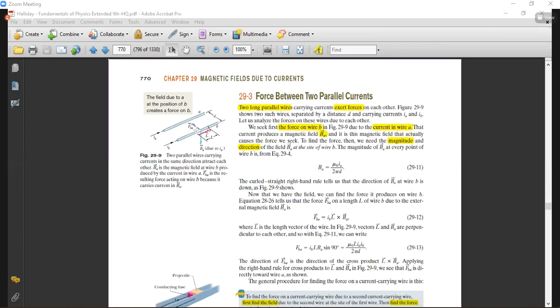What would be the direction of the force? Basically, we want to know what sort of force will be exerted on the wire B, which is lying in the magnetic field of the wire A.